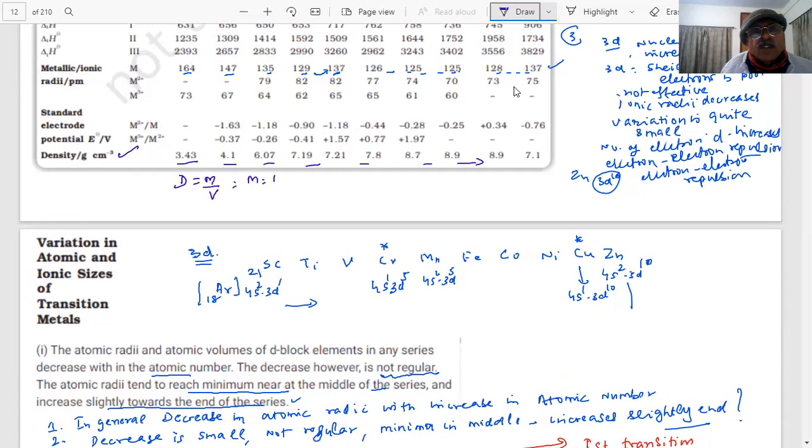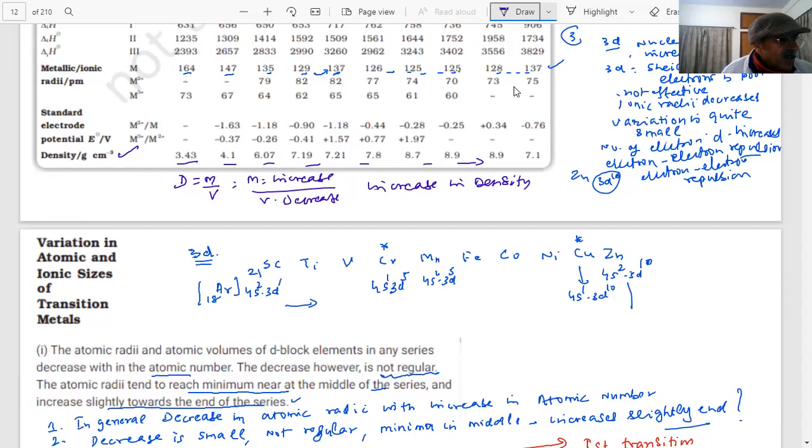Mass increases, volume decreases, so there will be an increase in density. And if I go from 3d to 5d, again the size has decreased, mass has increased, so density will increase.